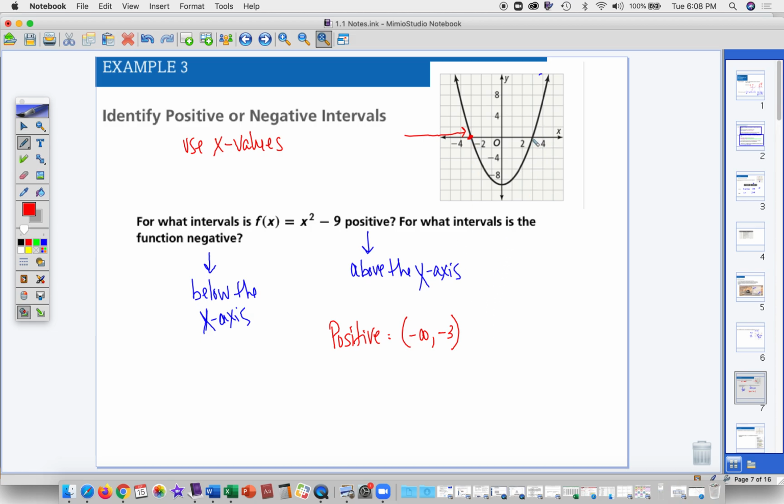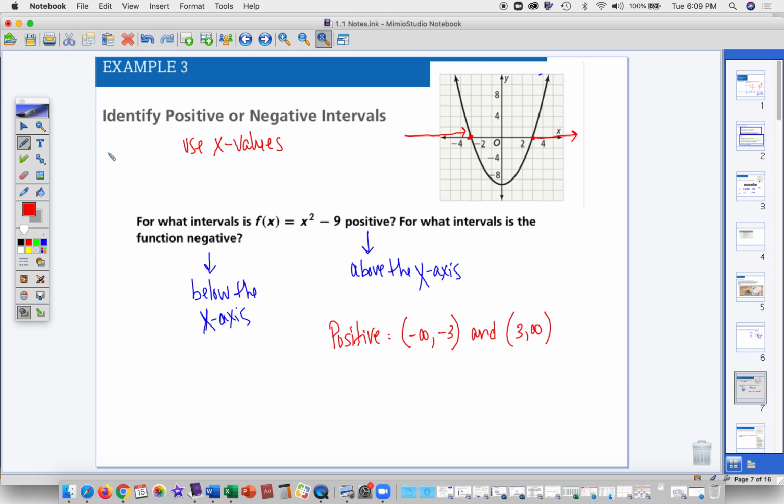It's also positive from 3 on over. The graph's going upward, but don't confuse upward with y values. We're doing x values. On over to the right, it just keeps on going up, so it's always going to be positive on this side of 3.